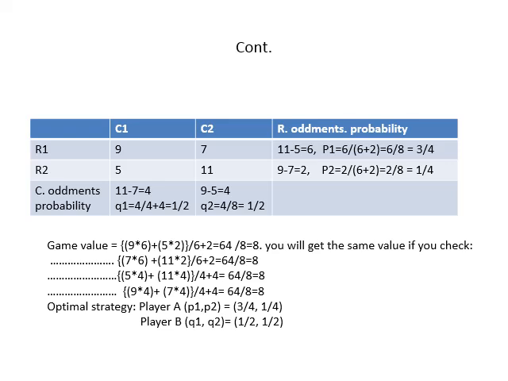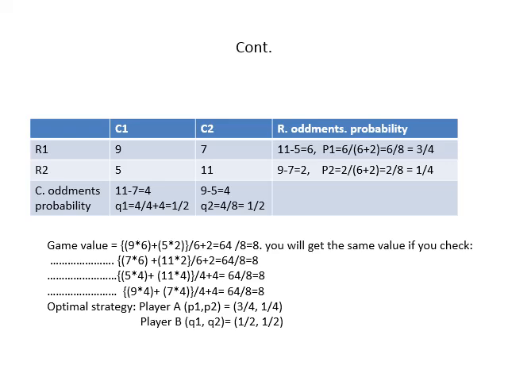We started with Q1. Q1 is the probability for player B. Q1 equals the odd means of C1 over the summation of the two odd means, 4 plus 4. It is 4 over 8, which is half.